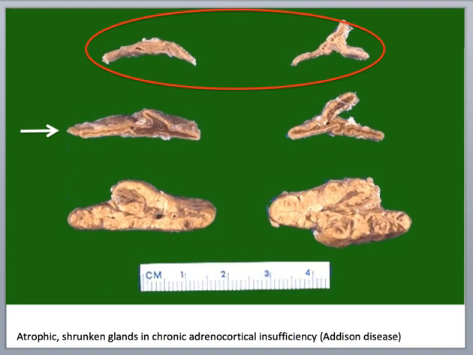If we go back to our original image, the middle adrenal glands indicated by the white arrow are normal, and we compare those with the atrophic or shrunken glands that are in the red circle.